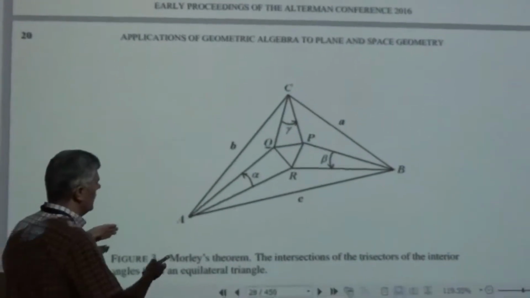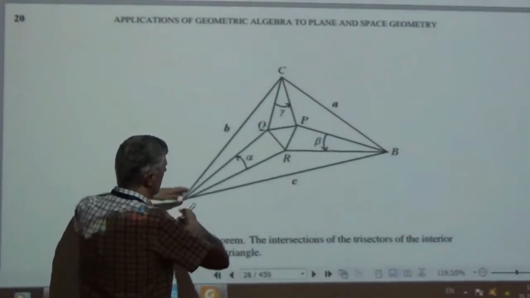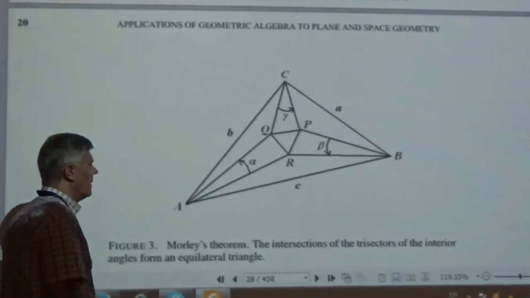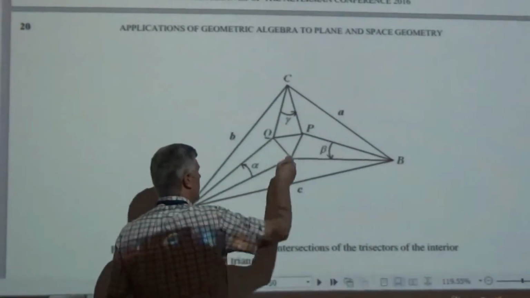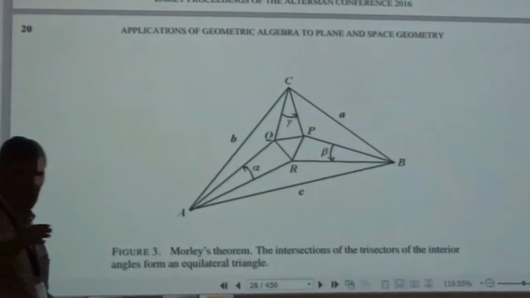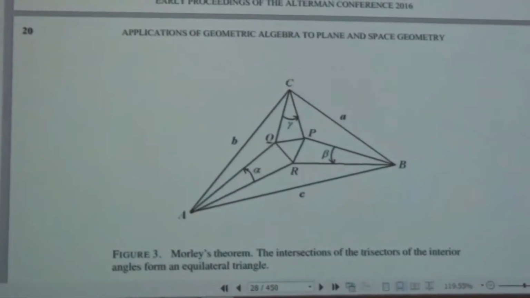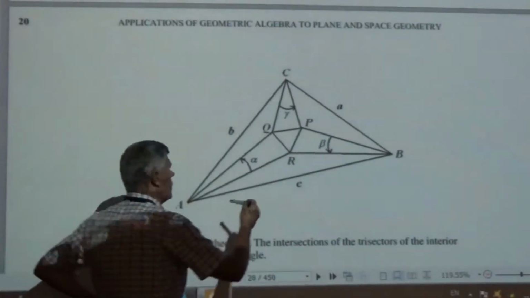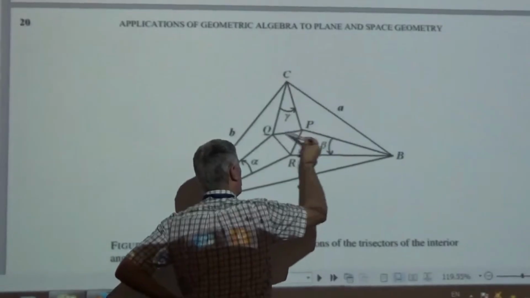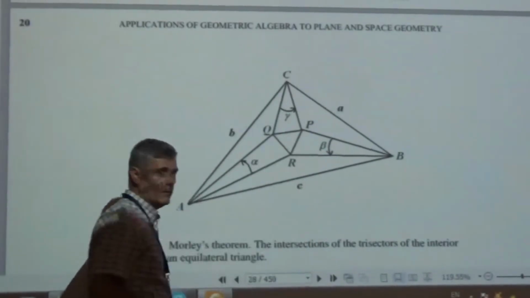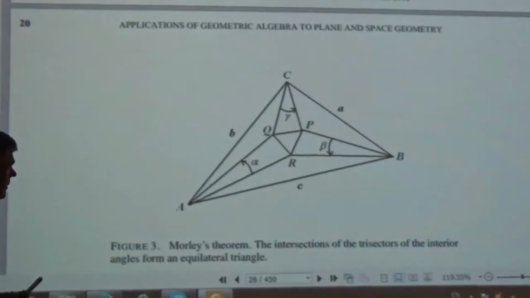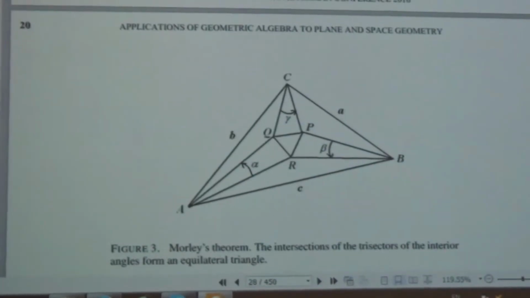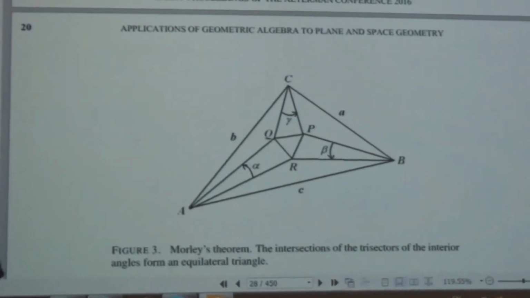If we draw these sectors or angles, then the intersections form an equilateral triangle. There are qualitative proofs, but which is the direction of this side, or of this side, or of this side? The directions are given only by geometric algebra. This is at the end of some page of this paper, but we have this reference.